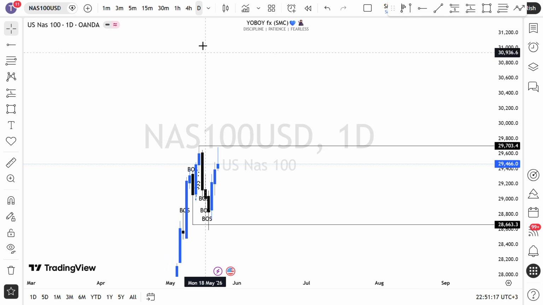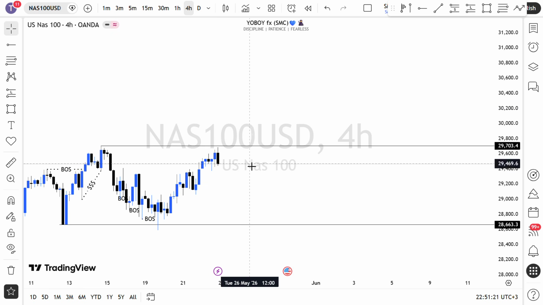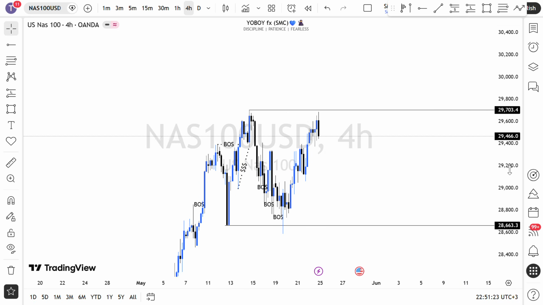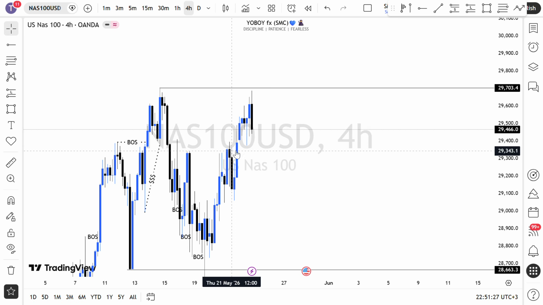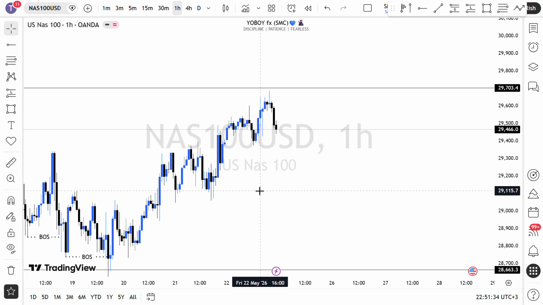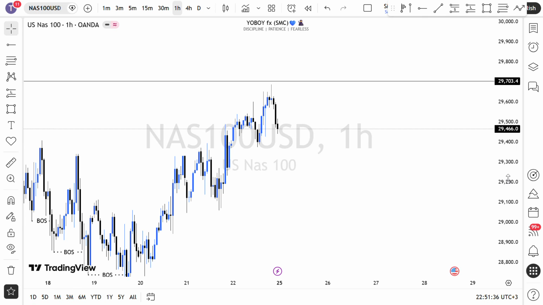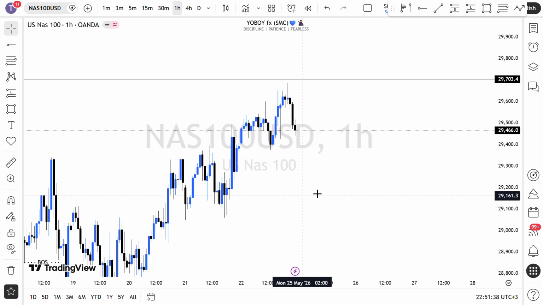And if I come into the daily time frame, I don't have any point of interest. Then inside the 4 hour time frame, I think we have this fair value gap here, but the price already tapped into that fair value gap. So if I come into the 1 hour time frame, let's see what we have.